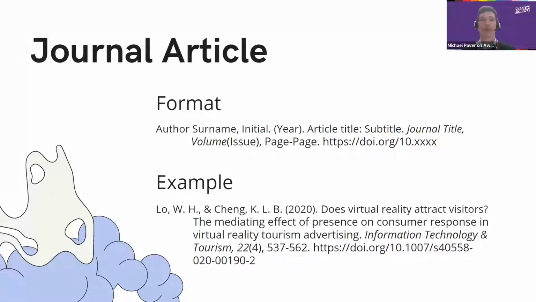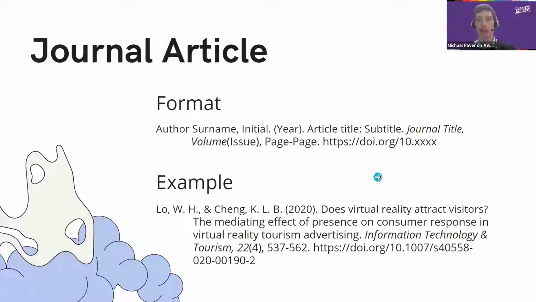Doesn't matter if the article changes publishers or websites, it will always have the same DOI that's attached to it. So it's a really good way for people to find it. So always look to see if your resource has a DOI. And you'll see in the formats that most require a DOI if it's available.